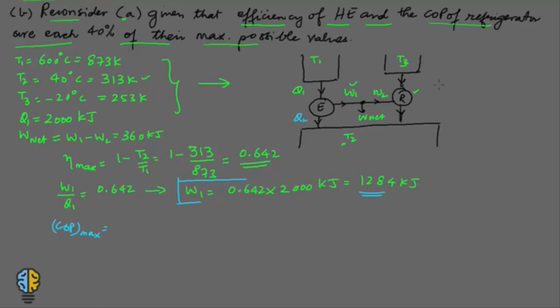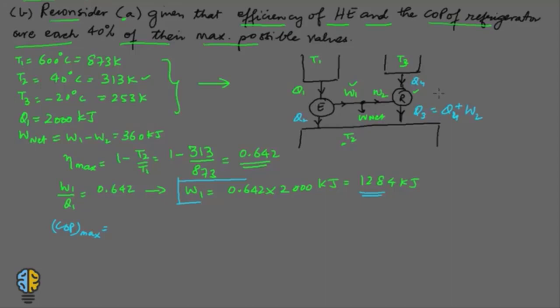Let us say the amount of heat rejected to the refrigerator is Q3 and the heat absorbed is Q4. So Q3 becomes Q4 plus W2. So this is the completion of the schematic.